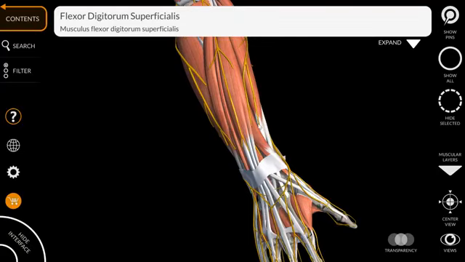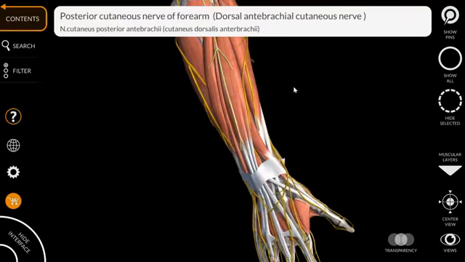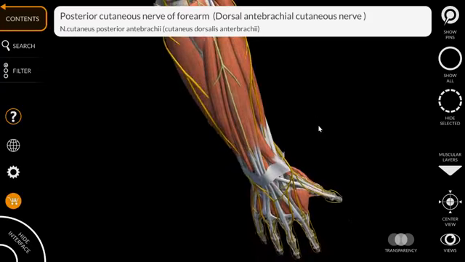Fine. And also the skin of the posterior side of the forearm.